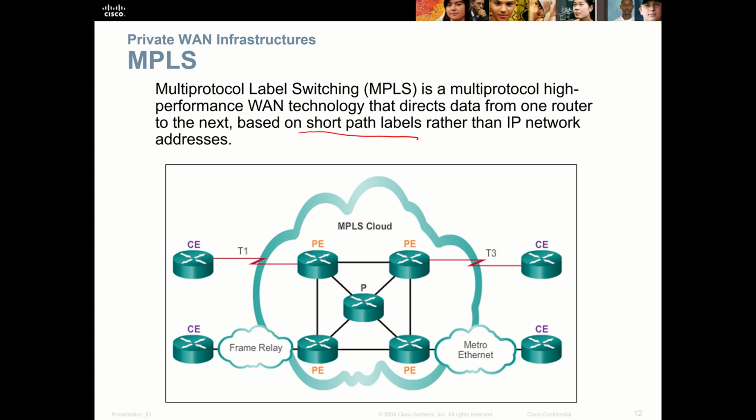Now again, as we know, when a router wants to forward a packet, it will do an IP lookup on the routing table to find which network to send the data to for the destination. Basically, whenever a router receives an IP packet, it is provided with a destination IP address.